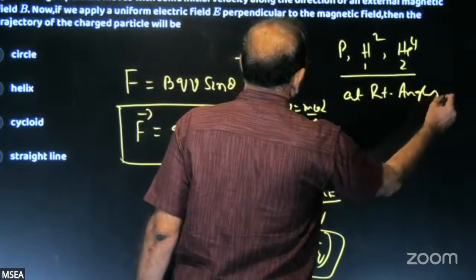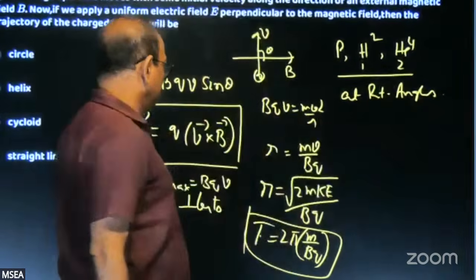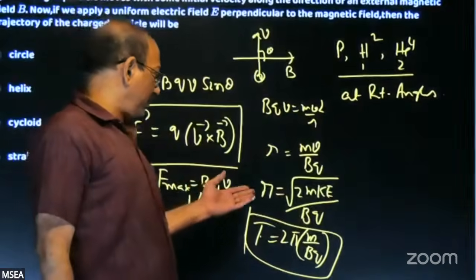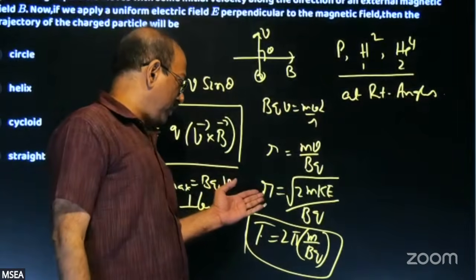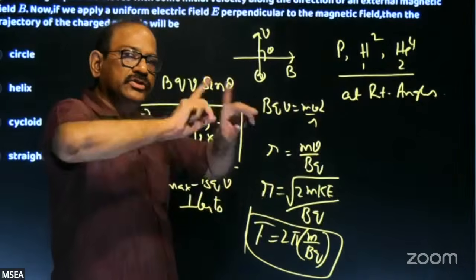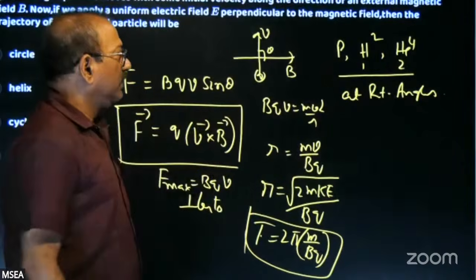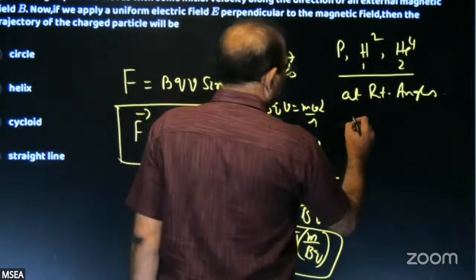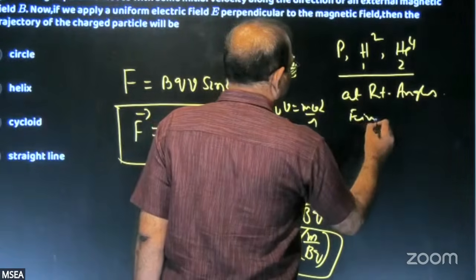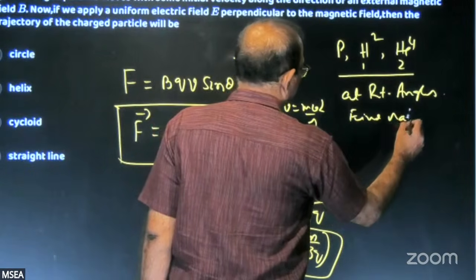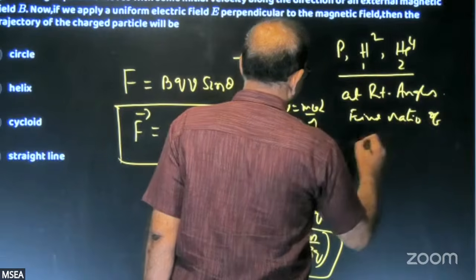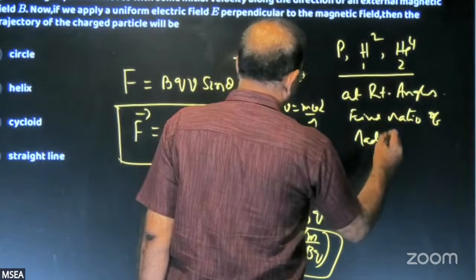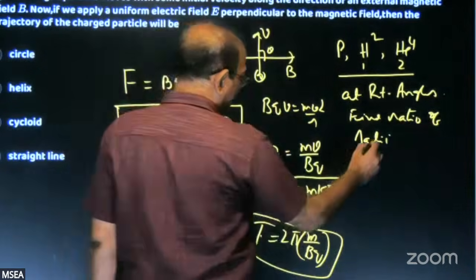They ask you to find the ratio of radii of their circular paths.